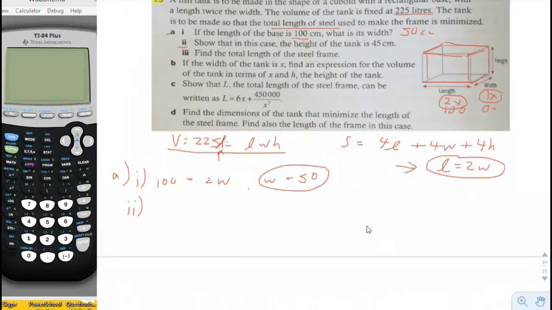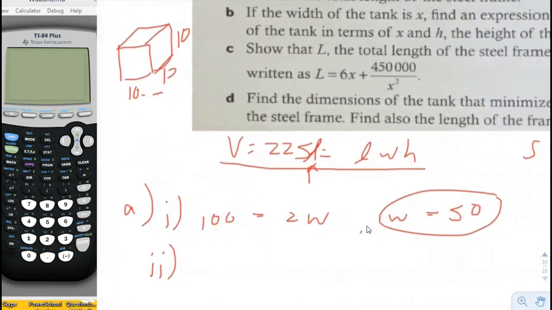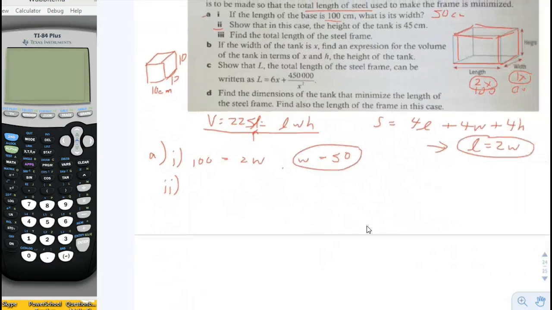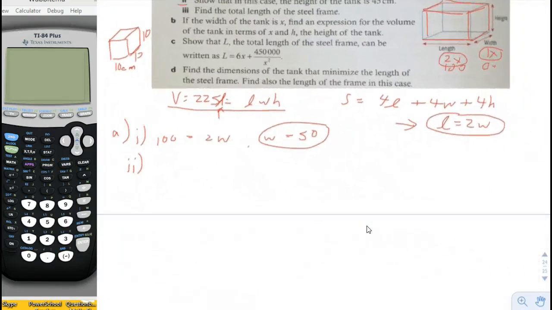And the way we do that is 1 liter of water is a cube that is 10 centimeters by 10 centimeters by 10 centimeters. So we're going to use that fact to say that 225 liters is actually 1,000 cubic centimeters per liter.